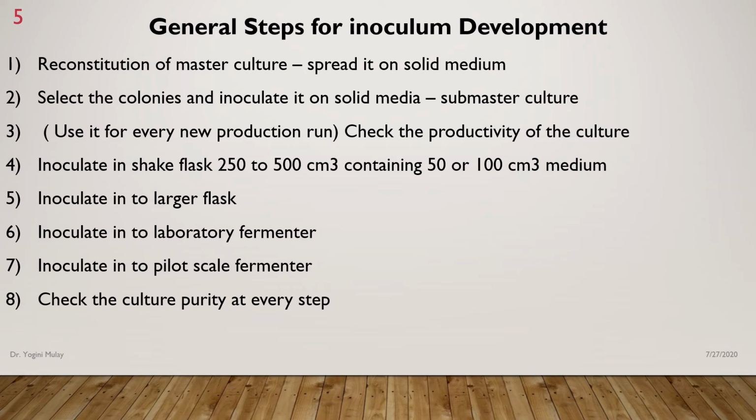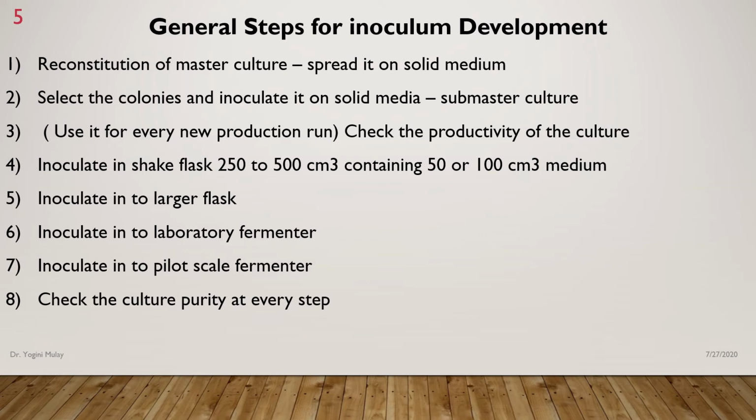Now, these are the general steps for inoculum development. Number one is you take the master culture and reconstitute the master culture, means try to revive that culture, and for that you spread it on a solid medium. Then after incubation of those plates, select the colonies, and again you inoculate it on another solid medium that you consider as a submaster culture, and you have to use this submaster culture henceforth for every new production run.